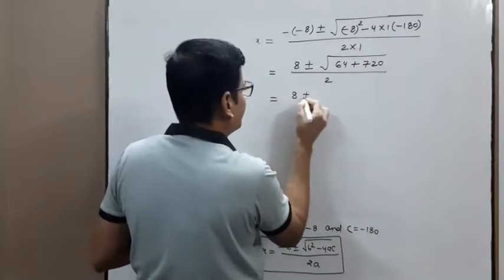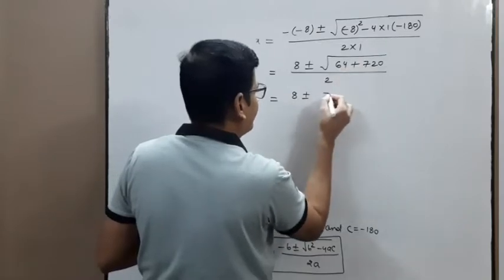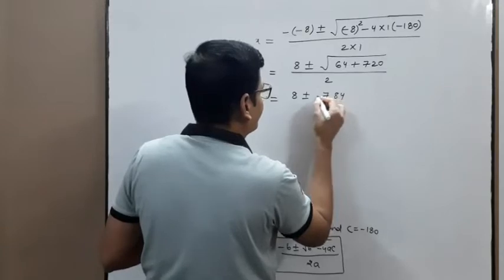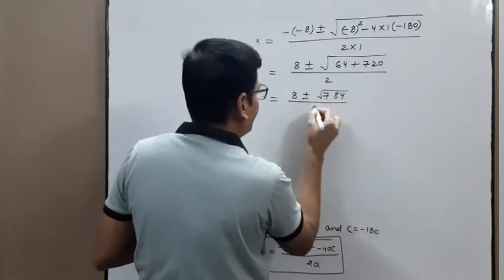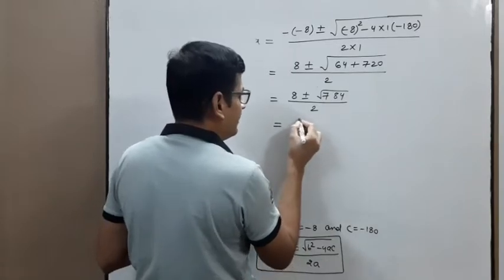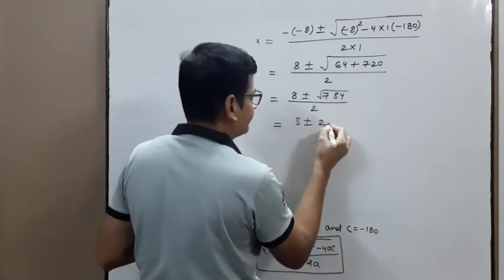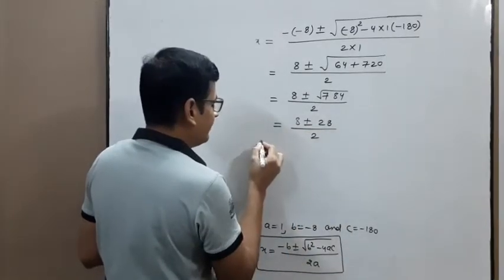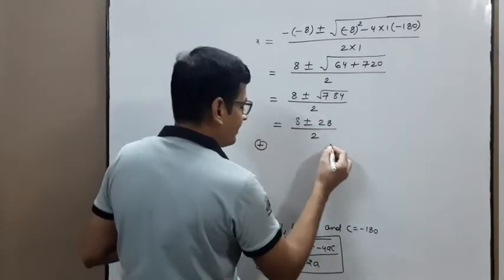So 8 plus minus root of 64 plus 720, which is 784. And the square root of 784 is 28. Taking plus sign and minus sign.